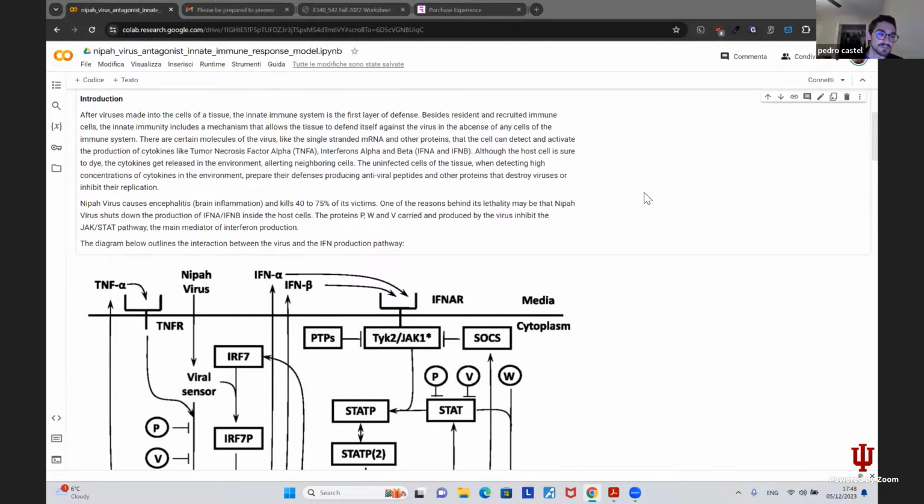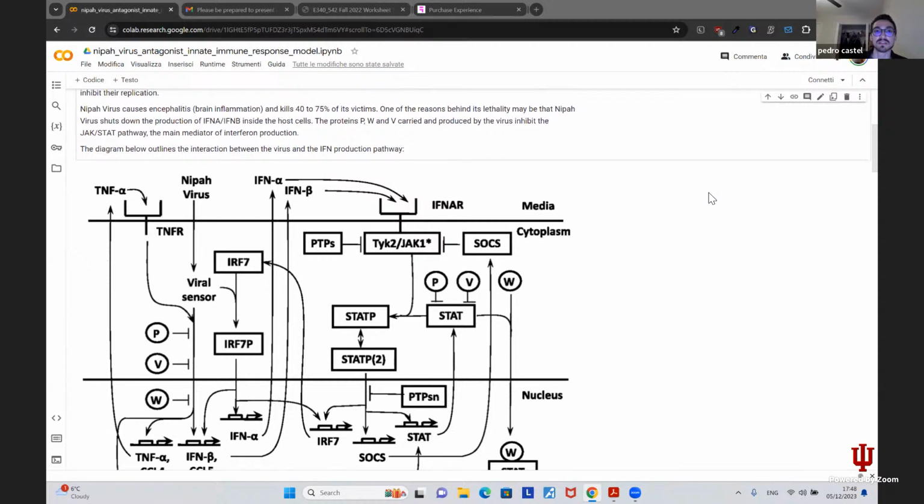Kind of a cartoonish way of describing it, but biologically, what's happening is that Nipah virus has 3 proteins, V, P, and W, that can either promote the production of interferons in the early stages of the infection and inhibit the spike of the interferons in the tissue in a short, medium term.